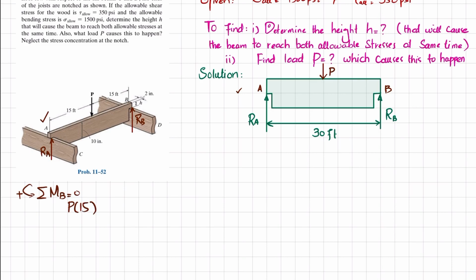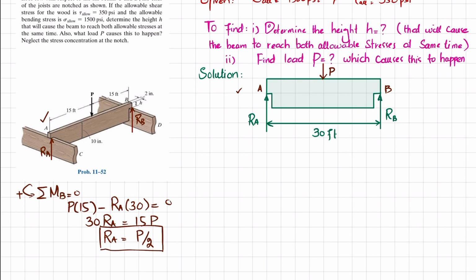The second moment is produced by the force RA with perpendicular distance 30 feet, and that produces clockwise moment, so it is negative. So minus RA into 30 is equal to 0. So 30 RA is equal to 15P. Clear? So RA will be equal to P divided by 2.